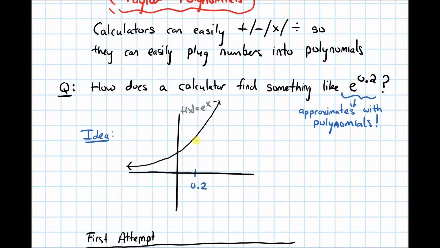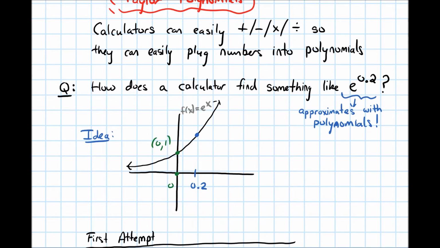So I want to get a feel for what is the value of the function at 0.2. Well, there is a value close to 0.2 that I know how to plug into my function and what I will get out. If we take 0 and plug that into the function, we know what the y value would be. It would be 1.